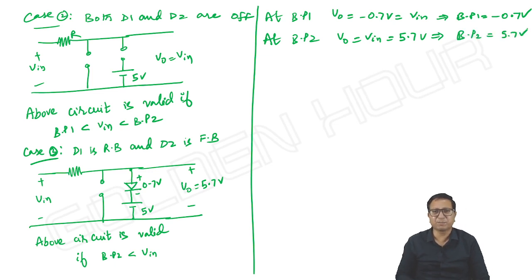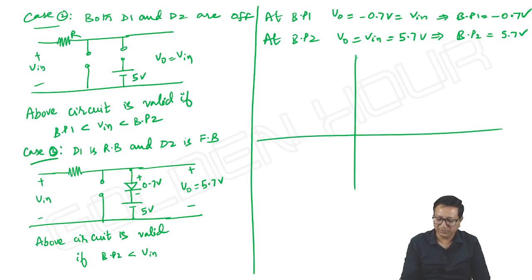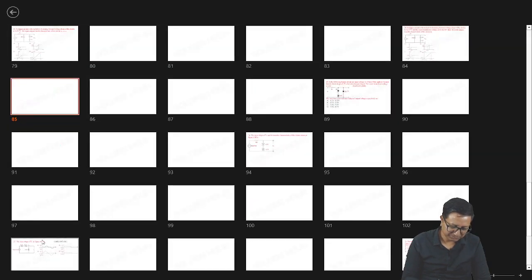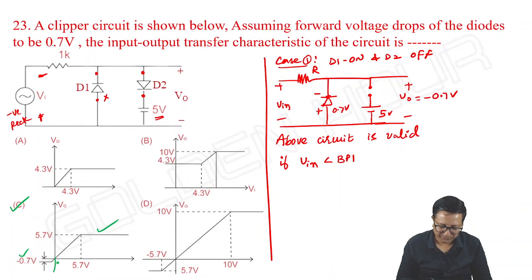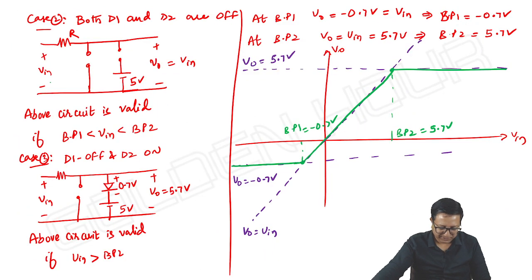It is the same as the previous one, right? So ultimately, the transfer characteristics are the same as for this problem. Is it not so?